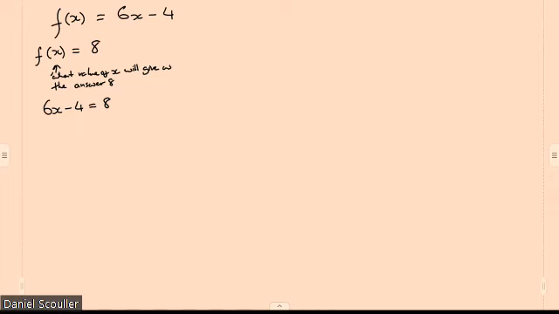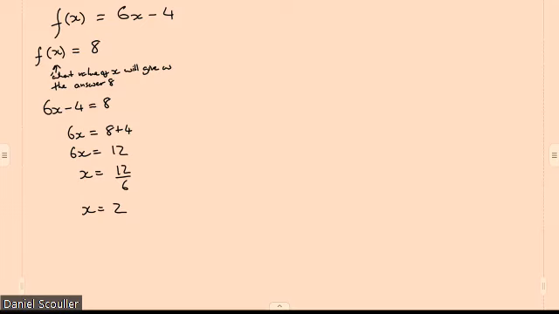So we're just doing our transposition, moving everything away from it. Remember, the adds and subtracts are moved first. 6x, 8 minus 1 plus 4, 6x equals 12.